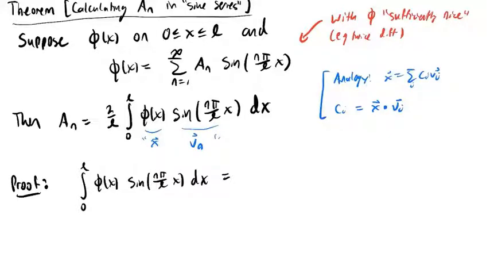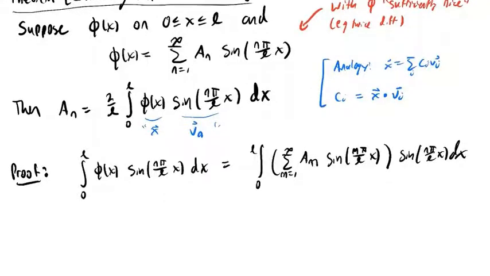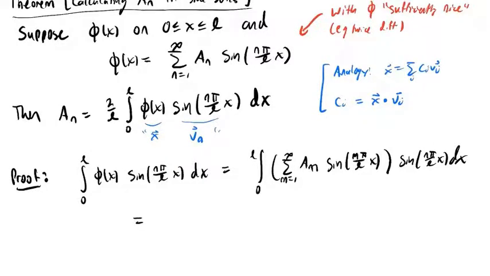what we can do is plug in this formula for phi, so plug in this infinite sum. I'll sum over m as my index because I don't want to confuse the m with the n from the integral. Right, so I have this infinite sum all times sine of n pi over L x dx. And so what I'm going to do now is interchange the integral and the sum.